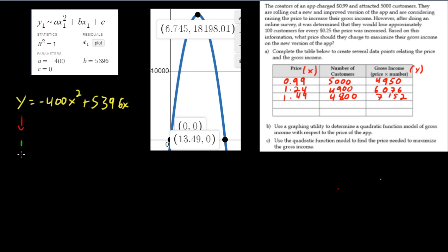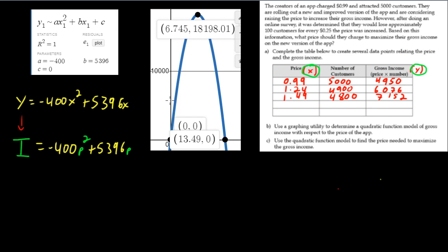So if we want income, we can label that as I, and instead of x for price, we can say it's P. Some of you might be more comfortable doing that. Some of you might want to use y and x. It wouldn't really matter in our case. Just make sure that you're representing what those variables are.